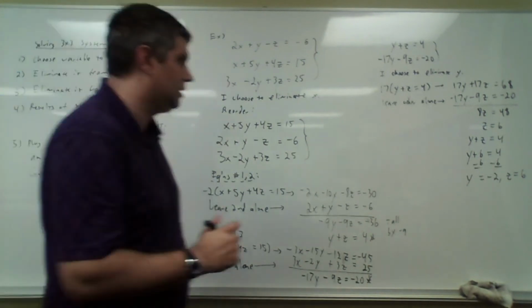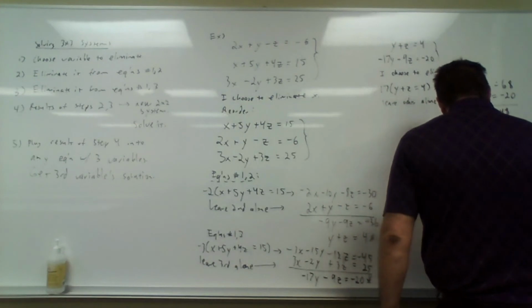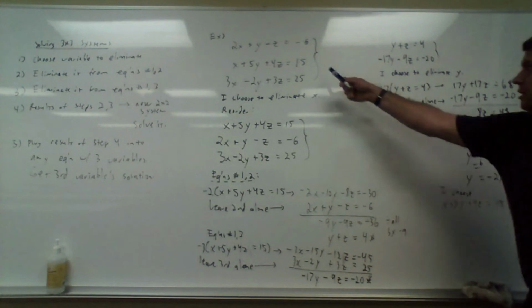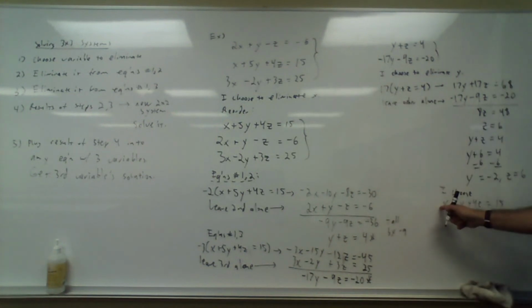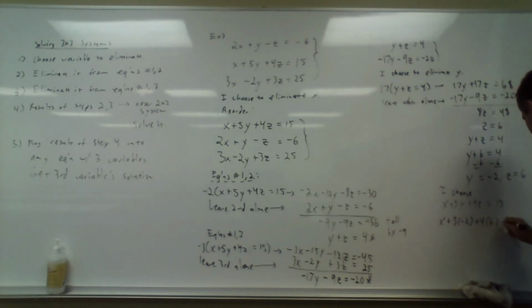So, I choose to use x plus 5y plus 4z equals 15. I chose that equation because the x coefficient is 1. So I'd have x plus 5 times negative 2 plus 4 times 6 equals 15.